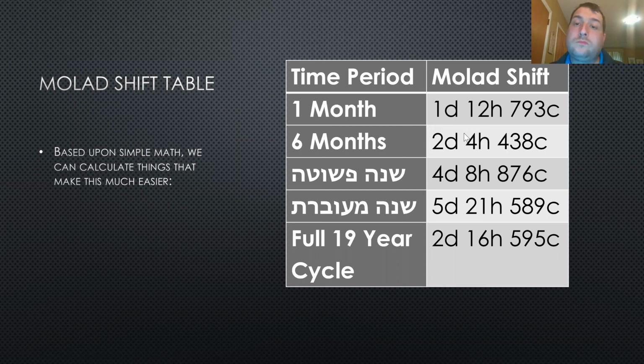Could you define what molad is? Molad is the point at which the rabbis determined the moon was at its lowest inflection. That's the exact point of the new moon. Does that make sense? Yes. Are you defining that as the moment of its transit or the first moment after the transit when it's finally new? It's the moment of the transit.